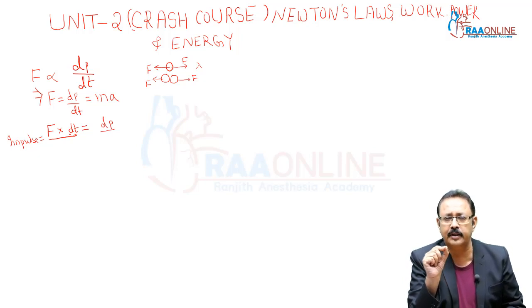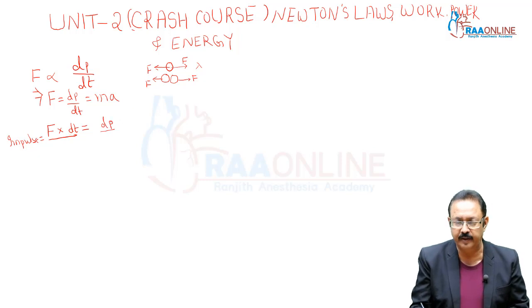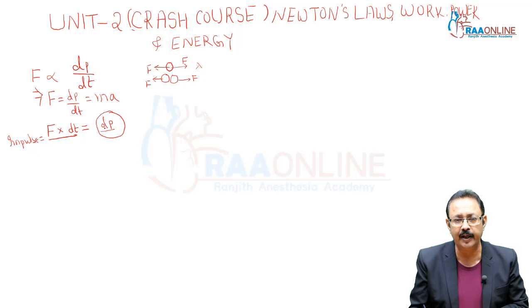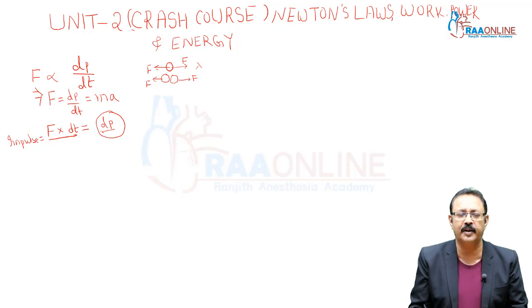After catching the ball, its momentum was 0. If he does this action in a short interval of time, it means dt is less, but dp is constant. Anyhow, you have to make mv 0. So this term is constant now.